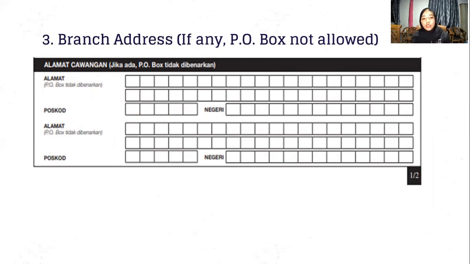Here we don't have any branch. This is our first business company. So we don't have a branch address, but we have a store address, which is the first one. So this is for the post letter.